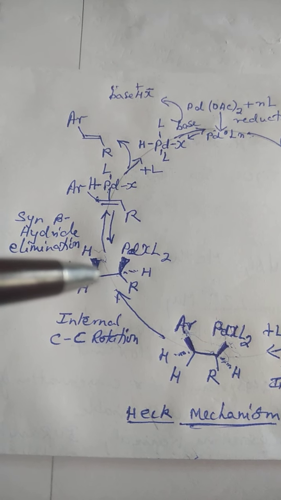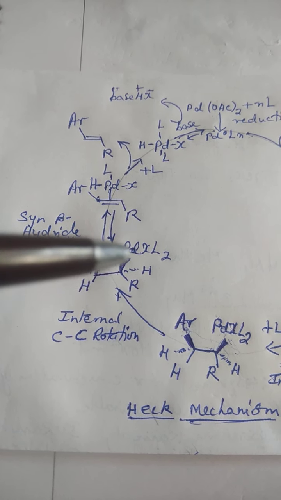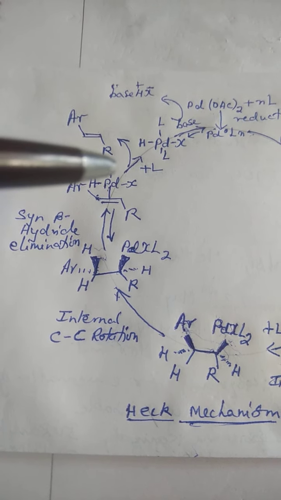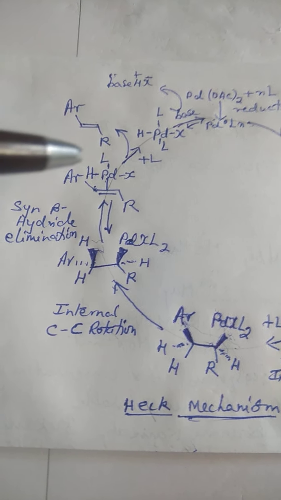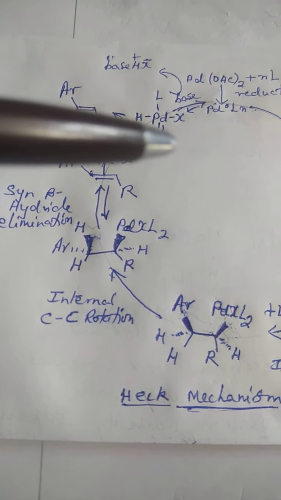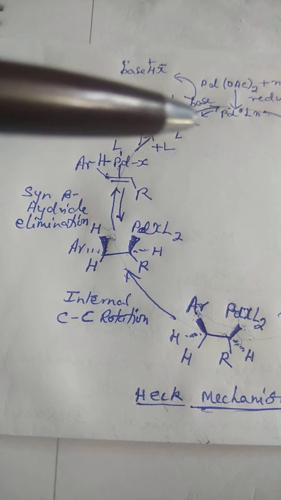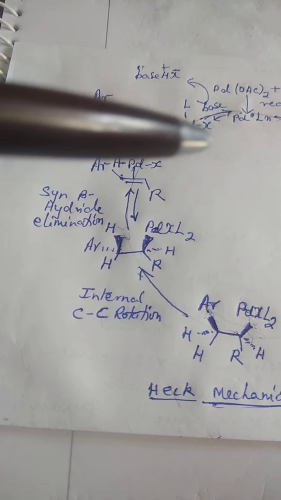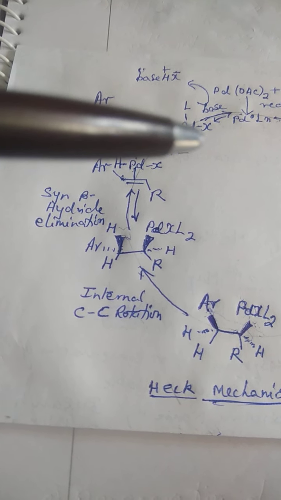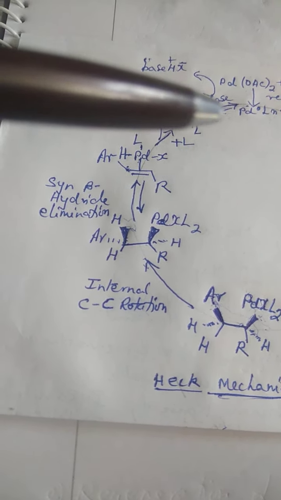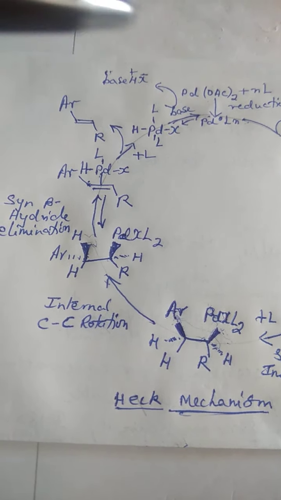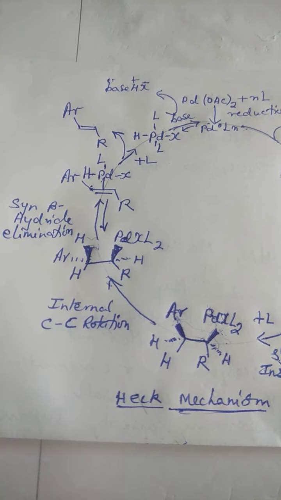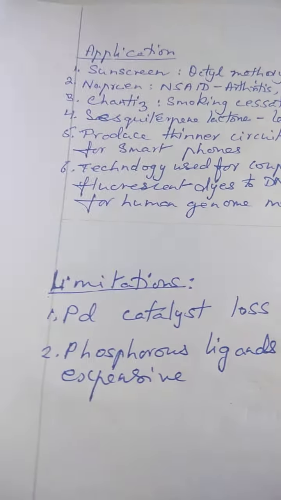This bond will form a double bond here, and we get this completely trans product. Palladium with the two ligands, the H, that is the hydride, the X, which was attached earlier from the oxidative addition step, is now regenerated with the help of the base to give us back our palladium 0 valent.